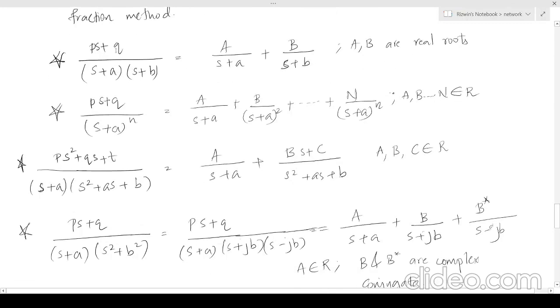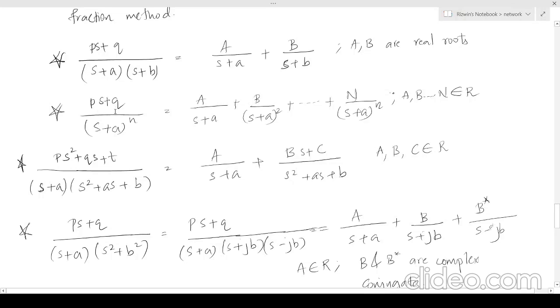Next, the other form is (ps plus q) by (s plus a) all raised to n. Here p, q, a, b, etc. will simply be constants, and s is the only variable. So when there is a term in the denominator with power n, we should split it into n terms like this, starting from power 1 up to n, with constants A, B, etc. in the numerator.